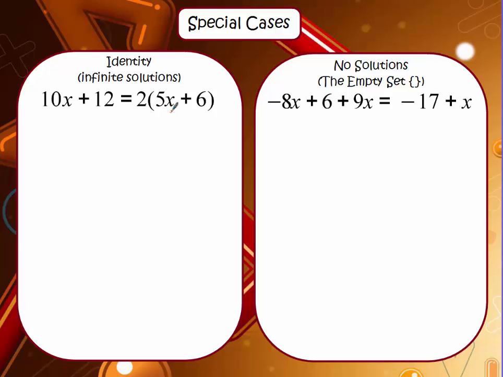So on the left-hand side, I have 10x plus 12, and I can't do anything with that. But on the right-hand side, again, let's think about simplifying. So I have this 2 times 5x plus 6. Well, if I take that and I distribute 2 times 5x and 2 times 6, the left-hand side hasn't changed. The right-hand side now says 2 times 5x and 2 times 6.